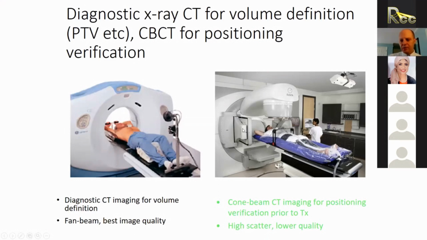So there's going to be higher scatter and a lower quality image that's being matched, but it's good enough. You're not really using that for dose calculation. You're not really using that for defining the tumor. You're just using it to localize the patient. So a cone beam image can be good enough quality for that type of use.